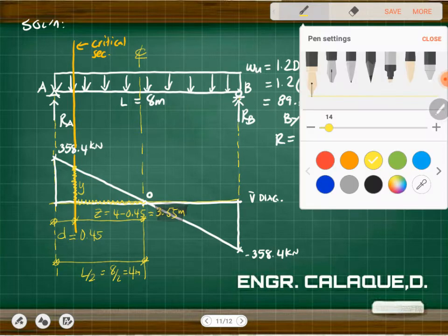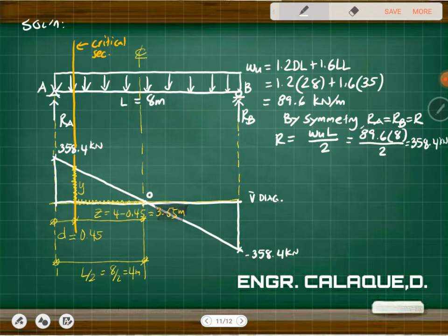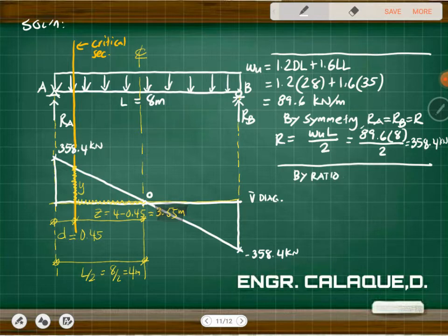So, by ratio and proportion, so Y over Z is just equal to 358.4 all over yung length na 4.